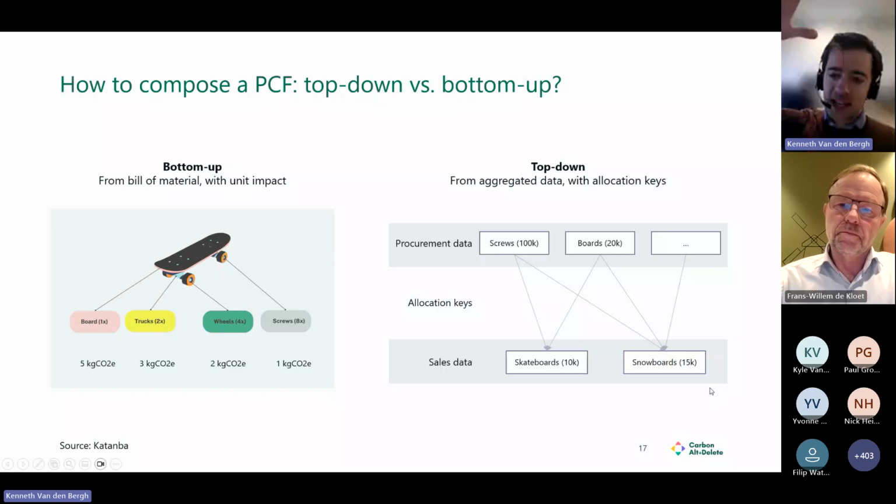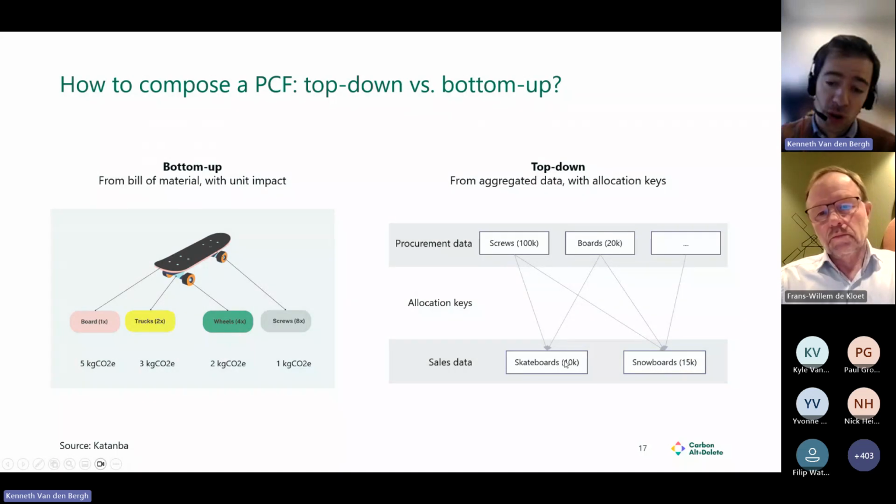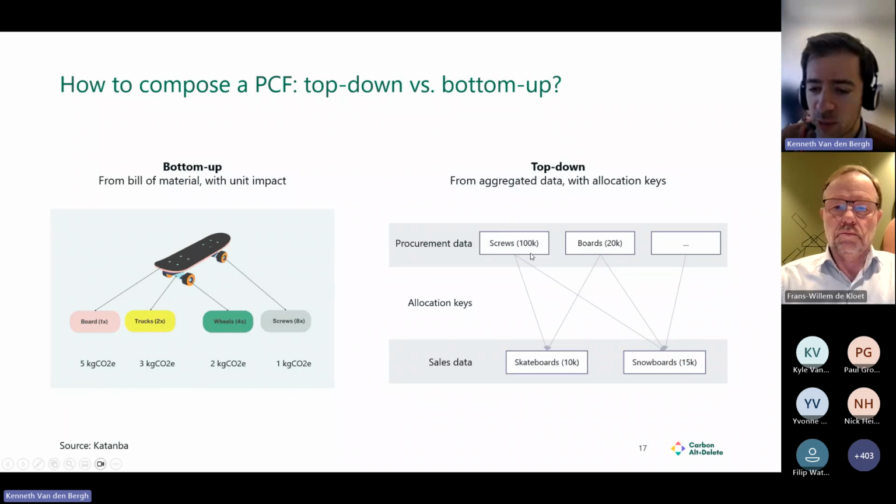So you start allocating the procurement data top down to the different products. And then you can also do that with your emission data. If you know that in your corporate carbon footprint, the 100,000 screws corresponded to 100 ton CO2, and that 80% of the screws are used for your skateboards, you can allocate 80% of the emissions to your skateboards. If you then divide that by the number of skateboards, you get exactly the same 11 kilogram that you have here. So you end up with the same result, but with a completely different approach.